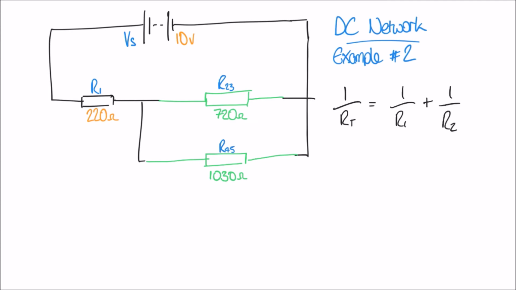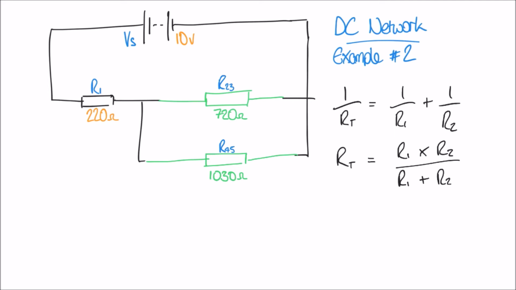But in our previous DC network example, we talked about an alternative formula that we could use, providing that we only have two resistances in parallel. That formula looked like this: RT equals R1 times R2 over R1 plus R2.